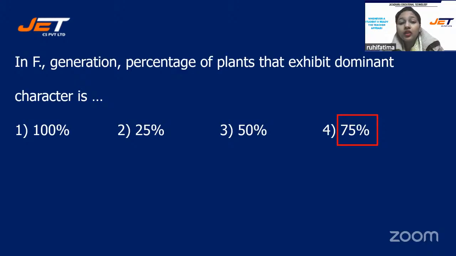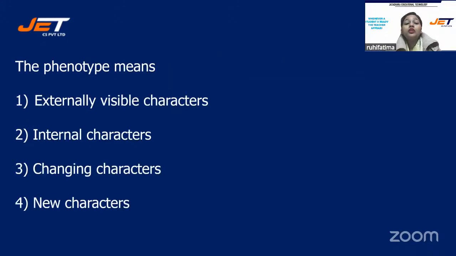Moving ahead, the phenotype means, and your options are number 1, externally visible characters, option number 2, internal characters, option number 3, changing characters, or option number 4, new characters?